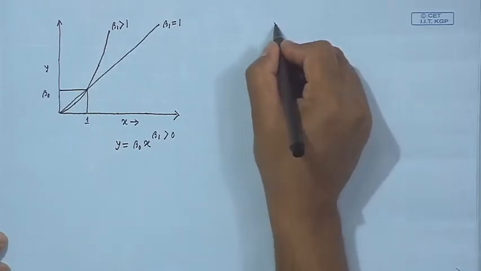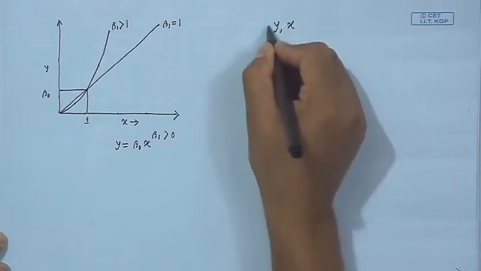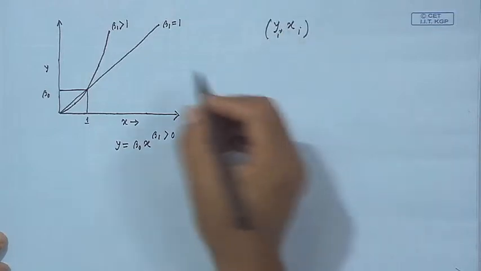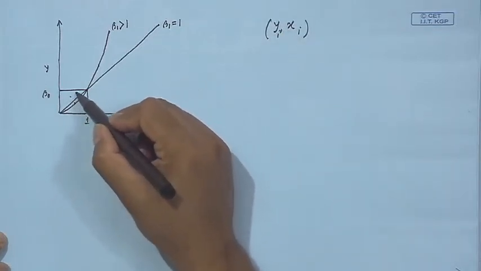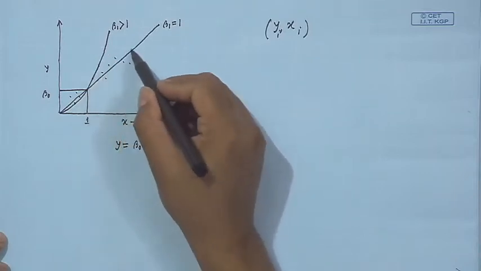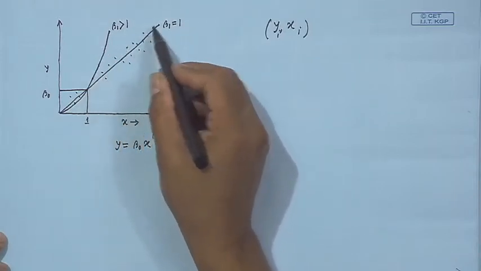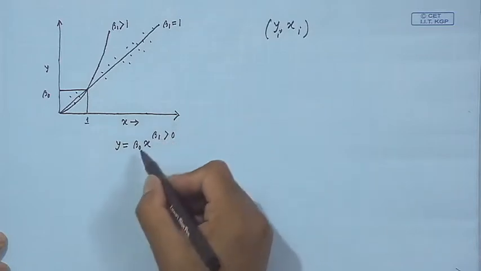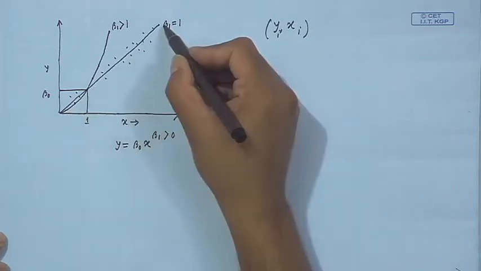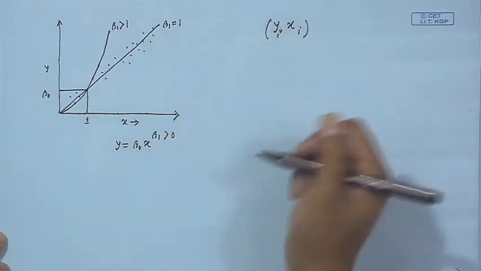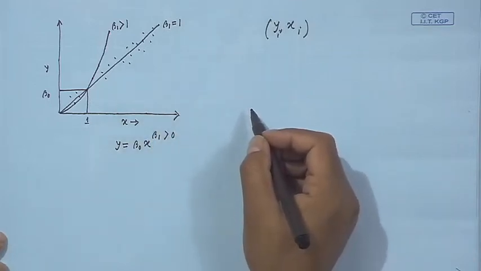So, you are given a response variable and a regressor variable, and you draw the scatter plot. If the scatter plot is centered about the line y equal to x, then of course you go for linear fitting.